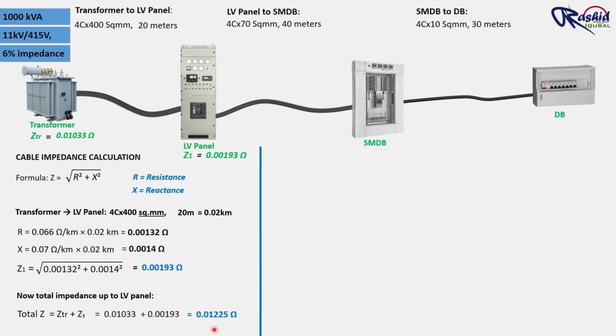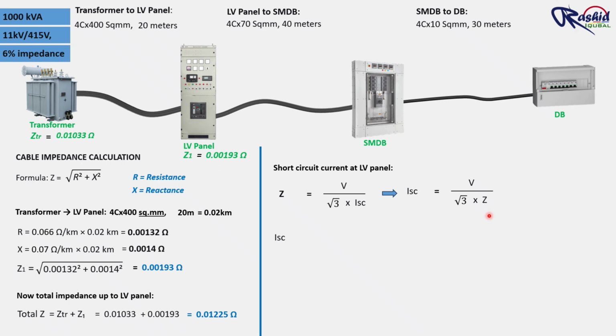Now we have to find short circuit current at LV panel side. As we know the formula, Z equal to V divided by root 3 multiplied by I_SC, short circuit current. I can write this formula like this: I_SC equal to V divided by root 3 multiplied by Z. This is impedance.